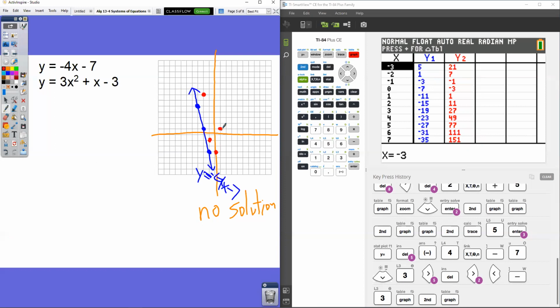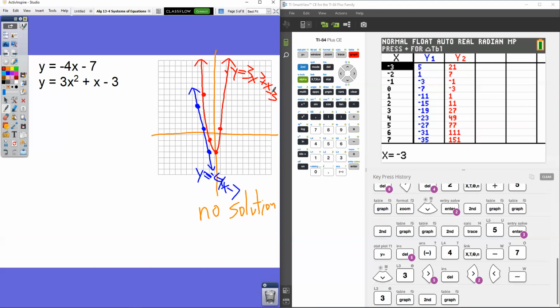And I have 2 and 11. 1, 2, 3, 4, 5, 6, 7, 8, 9, 10, 11. So I basically have this parabola working here. So that's what it looks like graphically.